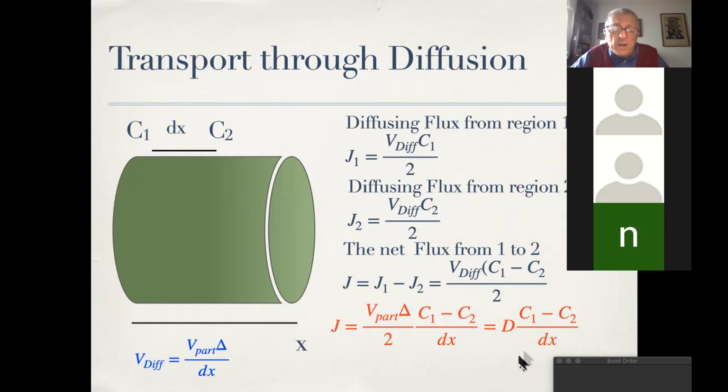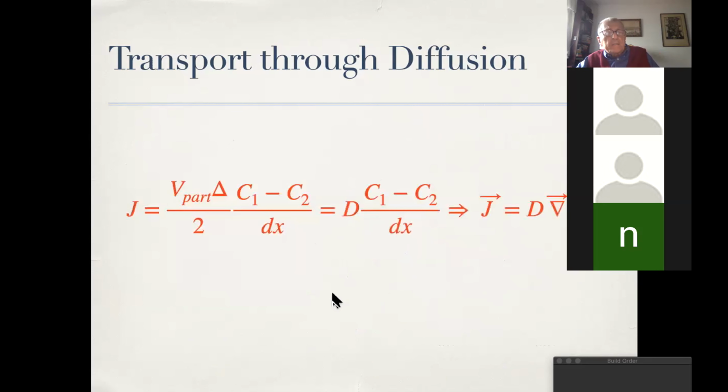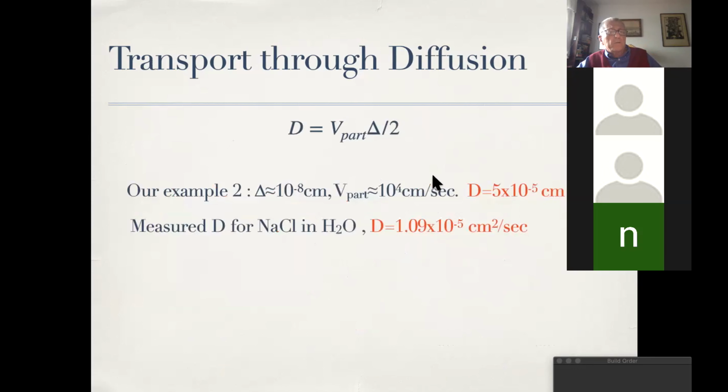The difference of the concentration of particles divided by the distance between them is what in physics and mathematics is called the gradient. And that is the definition of a diffusion gradient. I had also written a formal mathematical expression, but you should not worry about it too much.